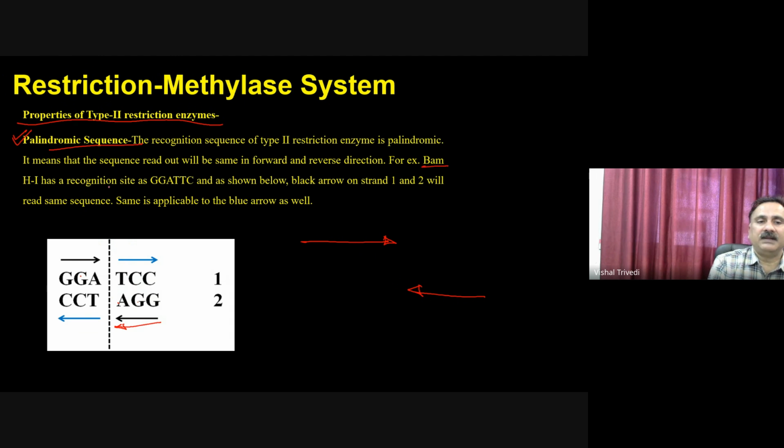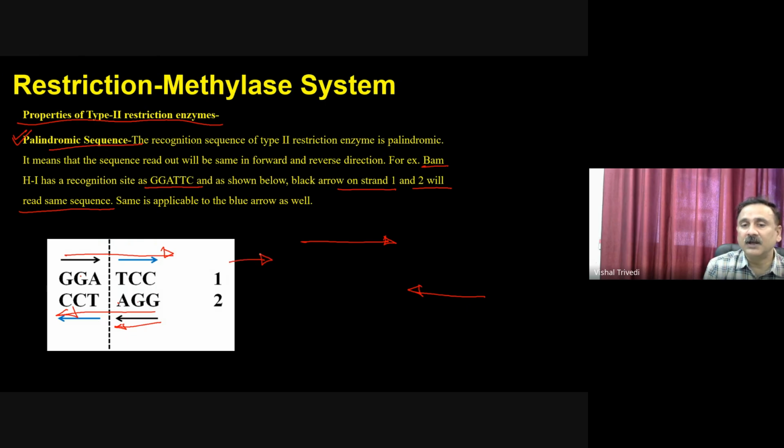For example, BamHI has a restriction site GGATCC, and strand 1 and strand 2 will read the same sequence. If you read from this direction or from this direction, it is going to be the same. GGATCC, similarly GGATCC. This phenomenon is called a palindromic sequence, and it has a lot of applications.